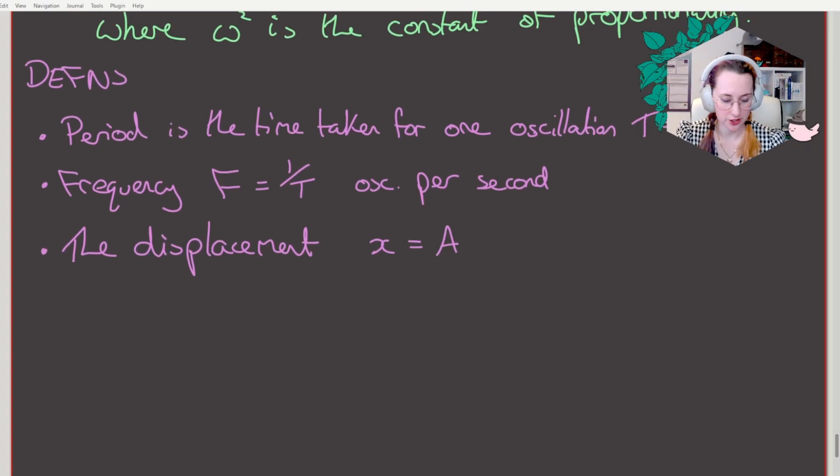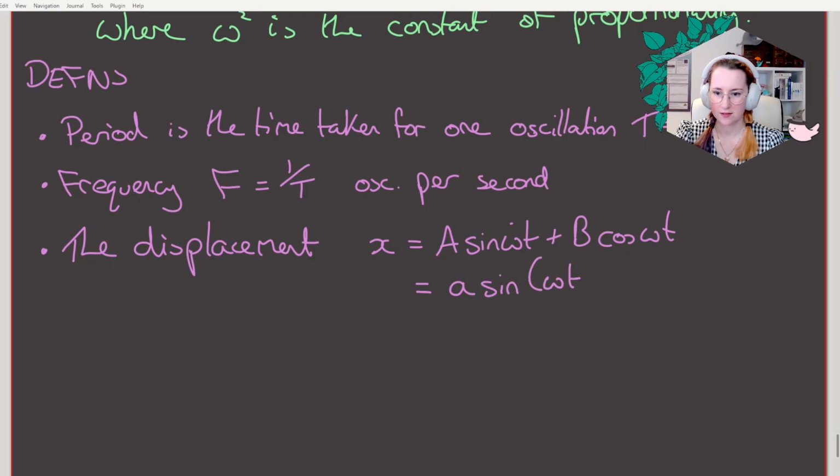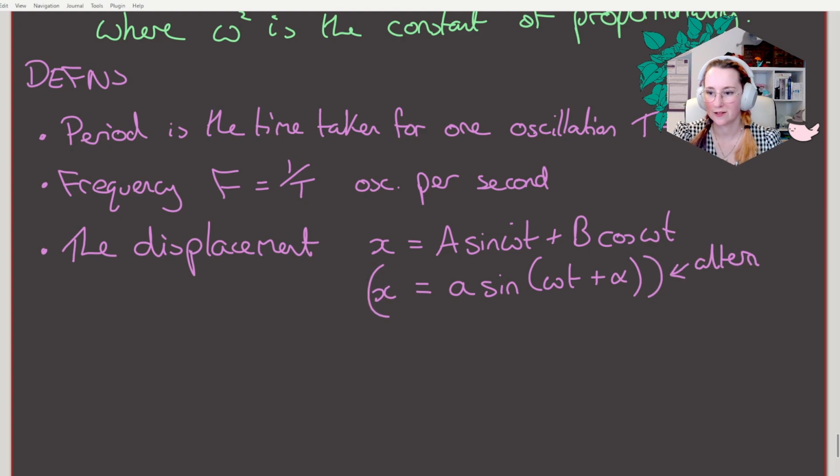So the solution is x equals A sine omega t plus B cos omega t. And it's the same omega as in the equation, which is quite nice. Another way of writing it, which we generally use for single-ended stuff, is A sine of omega t plus alpha, where alpha and A are constants to be determined. I'm not going to go too much into that, it's just a little aside, an alternate form there.